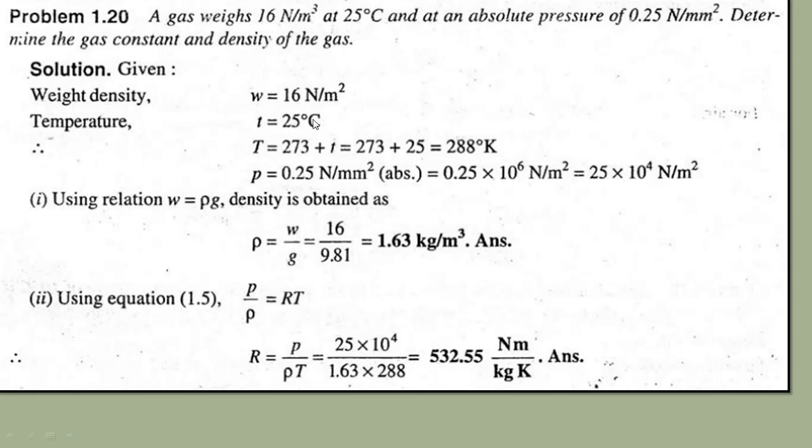Keep this in mind. The temperature given here is 25 degrees centigrade, and capital T is the temperature converted to Kelvin. How are we converting to Kelvin? We are adding only 273 to the given temperature. So unit conversion is very much important here.